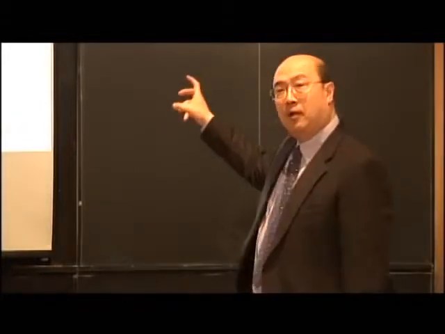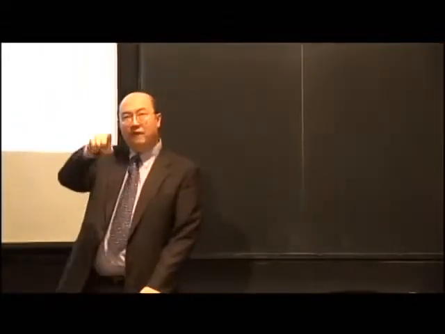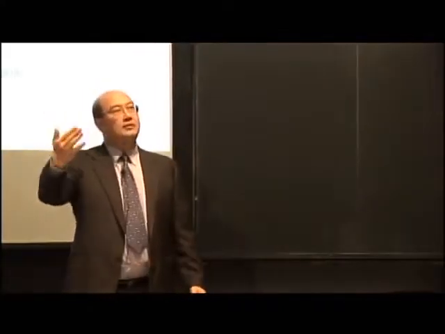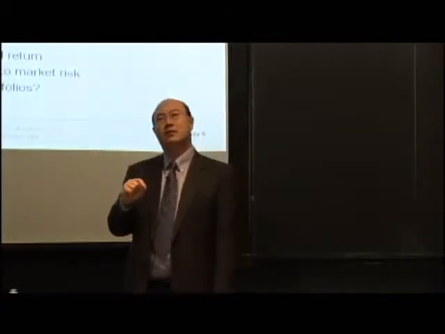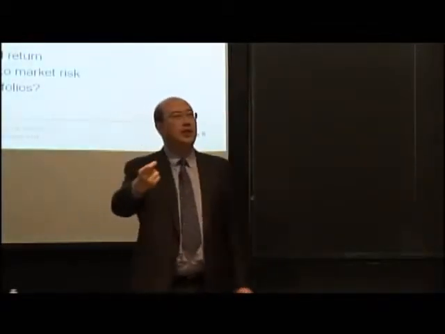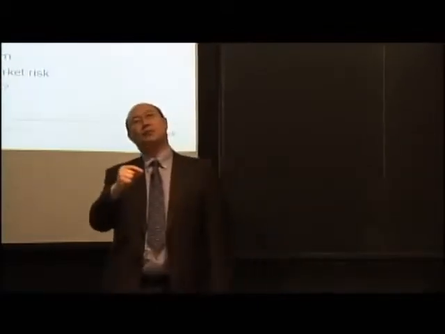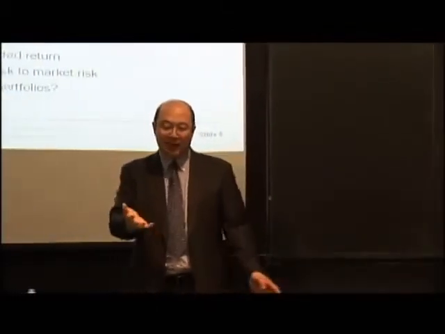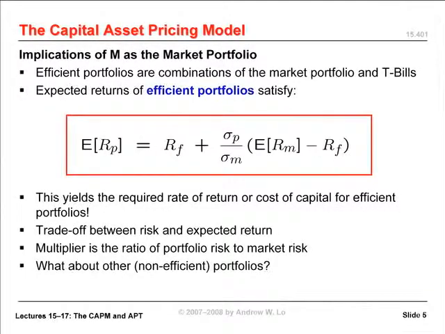And the multiple is simply the ratio of the riskiness of your efficient portfolio relative to the market portfolio or the tangency portfolio, okay? If it's twice as risky, you're going to get twice the risk premium. If it's half as risky, you're going to get half the risk premium. And we said last time that while this is helpful and interesting and even possibly useful, it's going to be of limited applicability because not everything is an efficient portfolio.